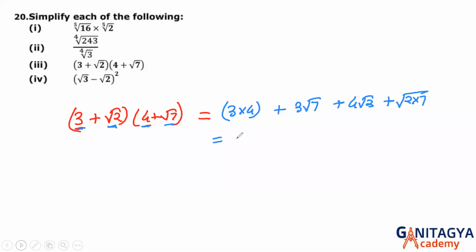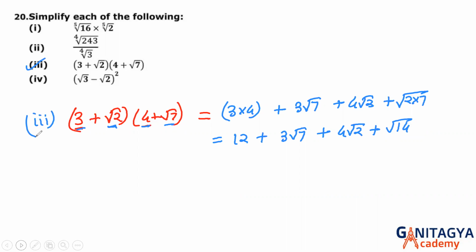So 3 fours are 12 plus 3√7 plus 4√2 plus √14. Am I correct? Very nice. This is the answer, nothing we can solve further. So the third is also done.